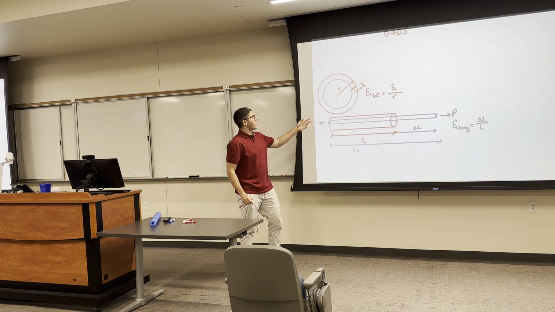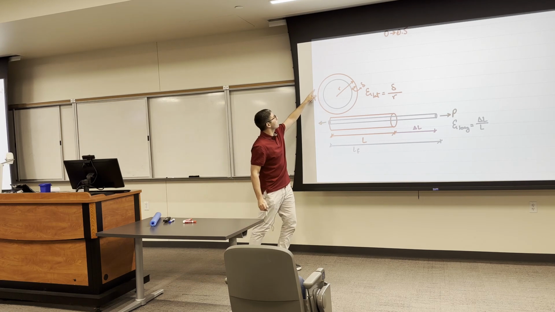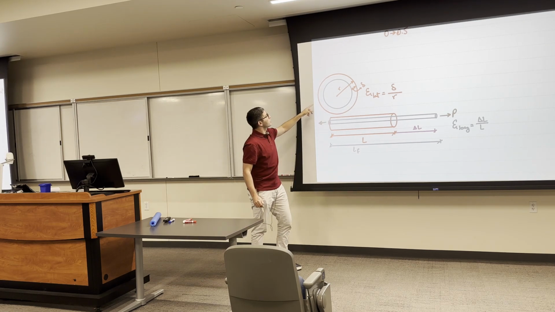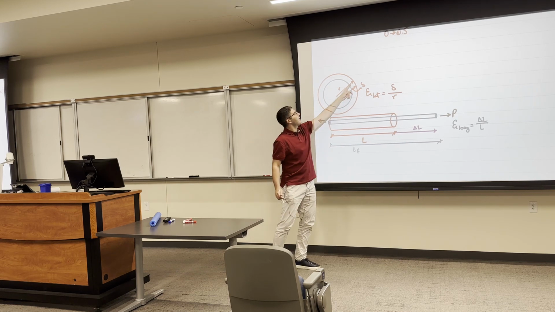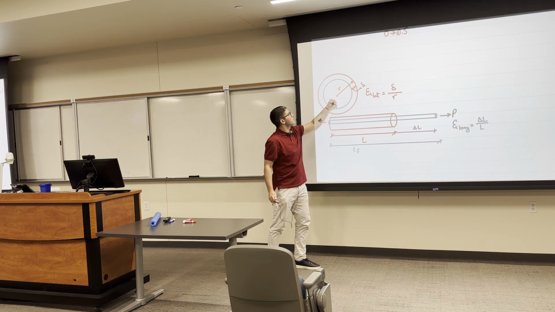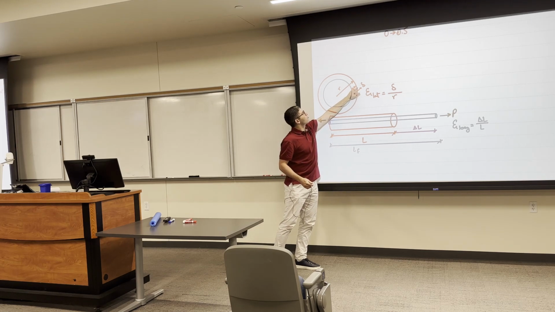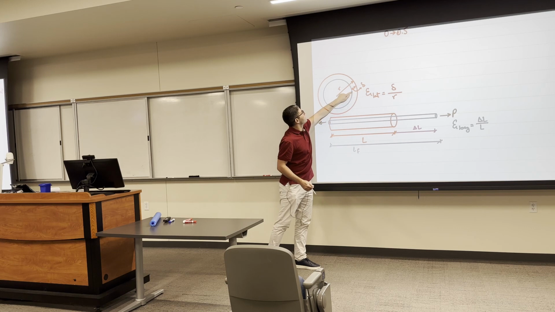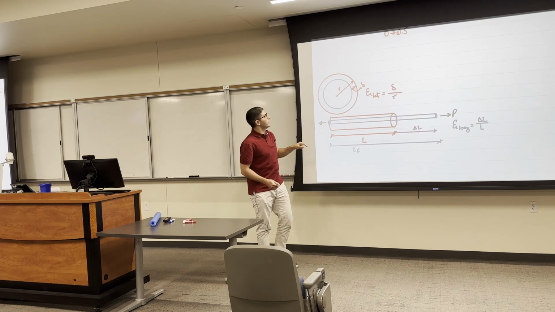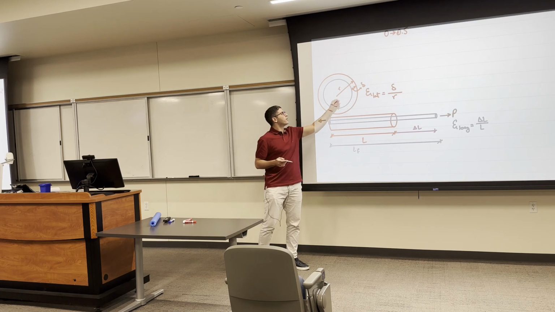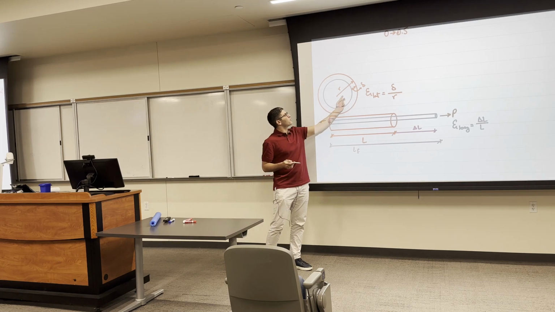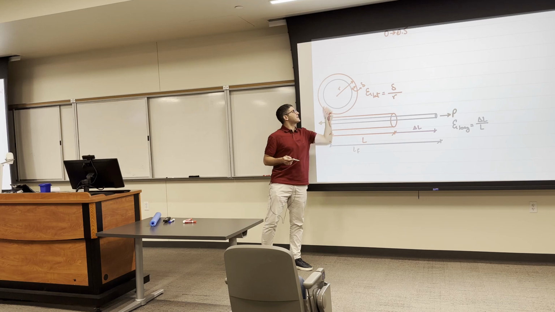So now I have this red circle, the original area or original diameter. It started with this radius, and when I applied that force, it reduced by delta. So now this blue circle is my new circle with a modified radius. So the new radius will be r minus this delta.